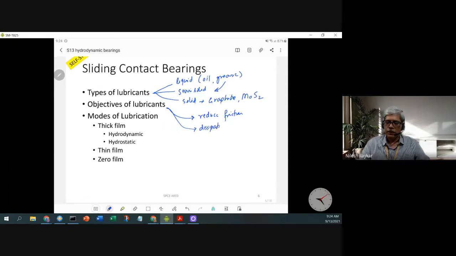So lubricants, when they are moving around the journal and getting trapped into the wedge and then released, part of that lubricant is getting depleted or leaked from the bearing, and while it is getting removed, it also carries some of the heat that is generated because of the friction.